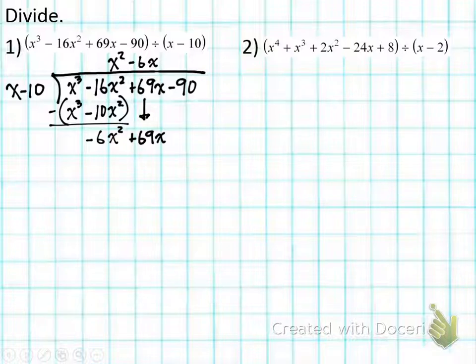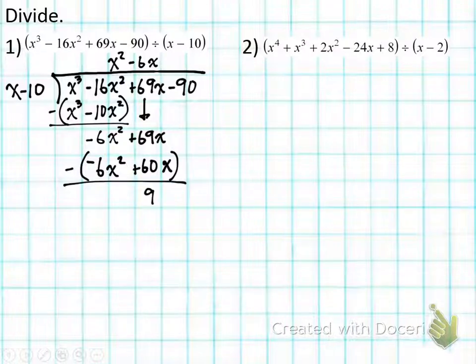Multiply. Negative 6x times x is negative 6x squared. Negative 6x times negative 10, so negative times the negative is a positive. Negative 6 times negative 10 is 60, so it's positive 60x. Then you put parentheses around it. Subtract it. Negative 6x squared minus negative 6x squared cancels out.